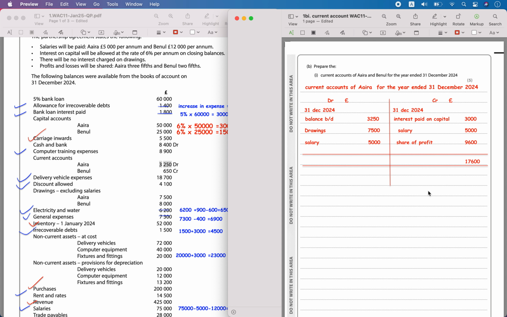When you add up, it is 15750, which is less than 17600. So find the difference so that the total balance is equal to 17600. 17600 minus 15750 should be 1850. So that should be the balance carried down, equal to 1850.